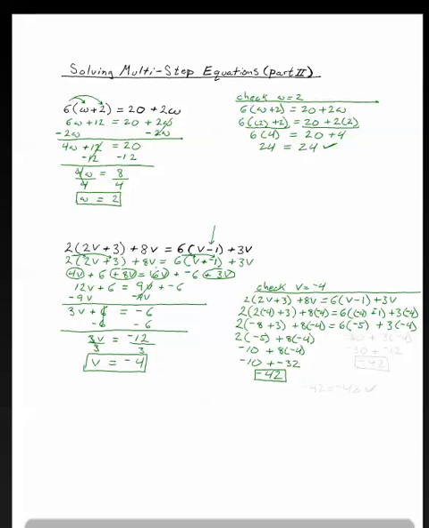Next step is multiplication as it occurs from left to right. So 6 times -5 is -30 plus 3 times -4. 3 times -4 is -12. -30 plus -12 is -42.